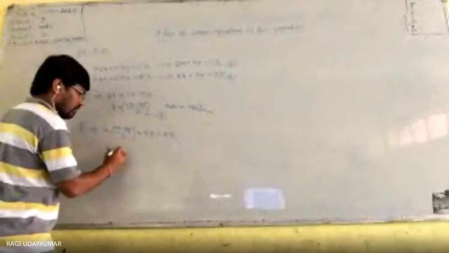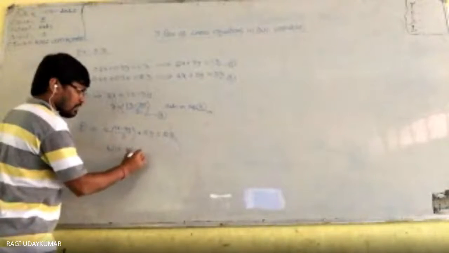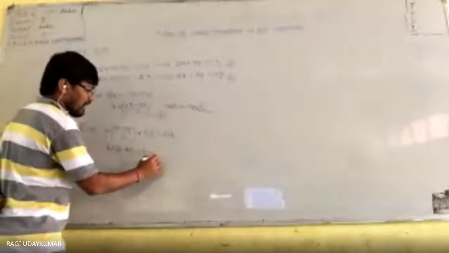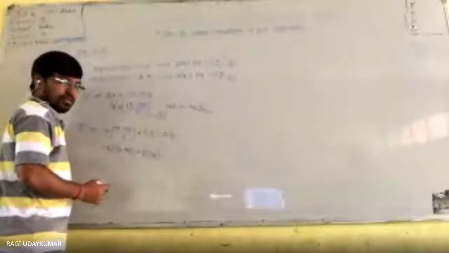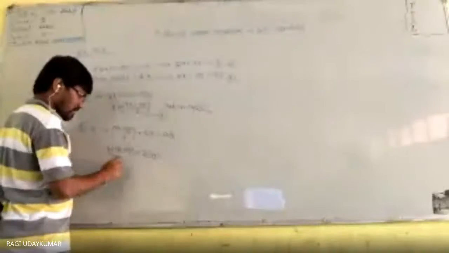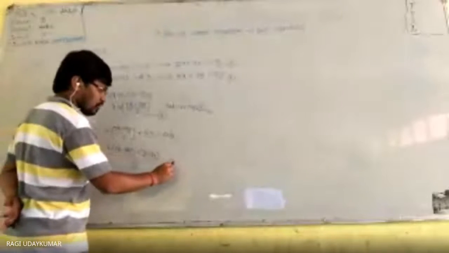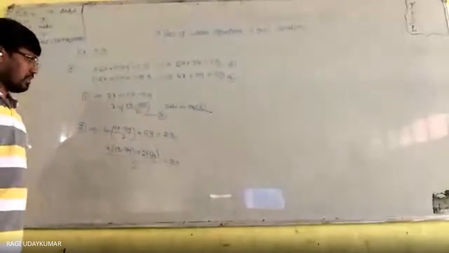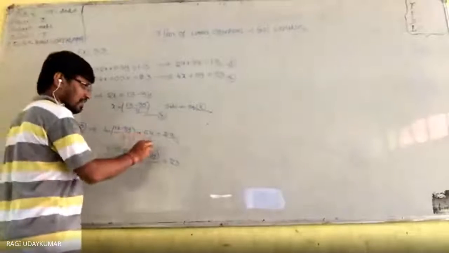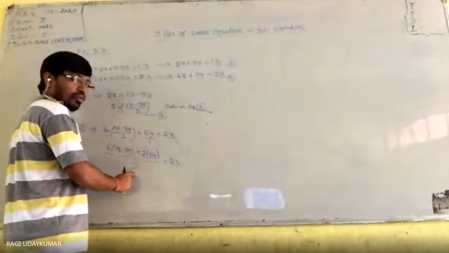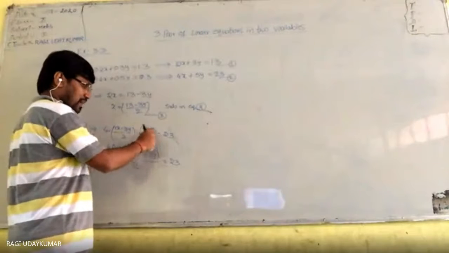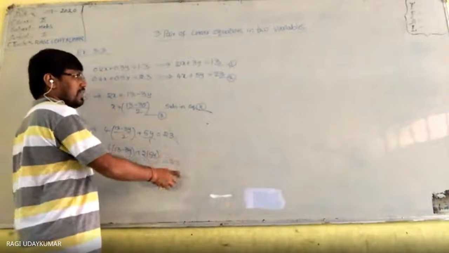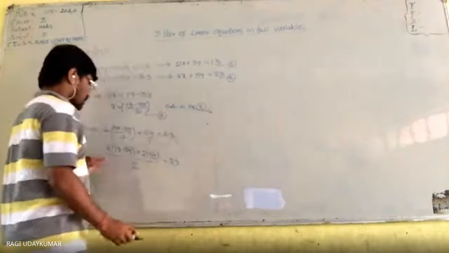Now 4 into (13 minus 3y) plus 2 into 5y, divided by 2, is equal to 23. Did you understand this step? I did the LCM. Here you have 1, and the denominator is 2, so that is multiplied by 2. And this 2 you take to the right hand side.